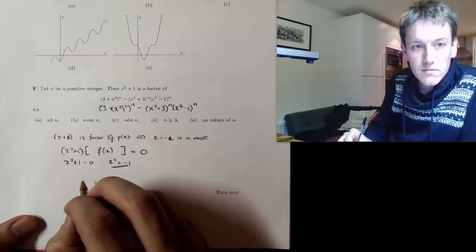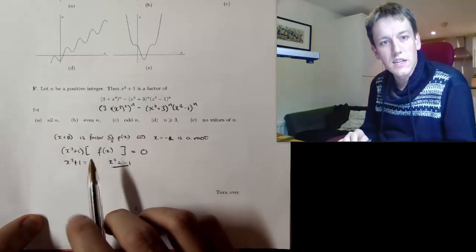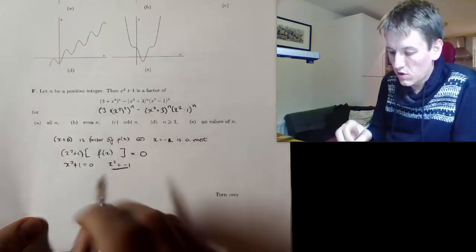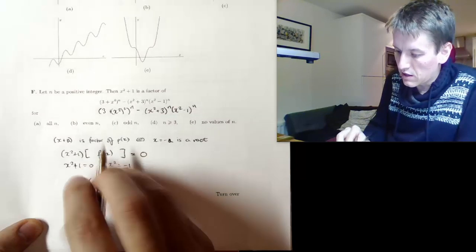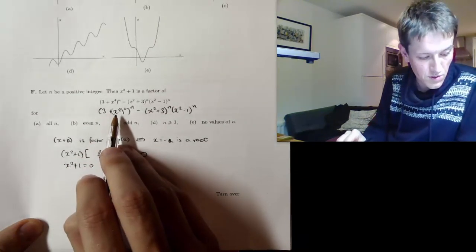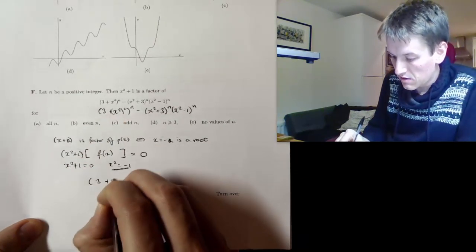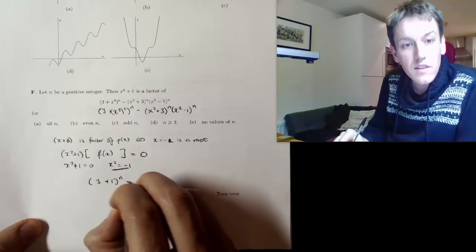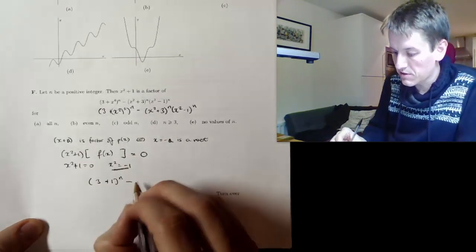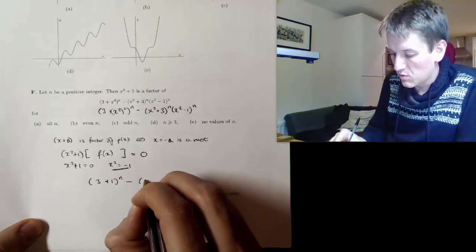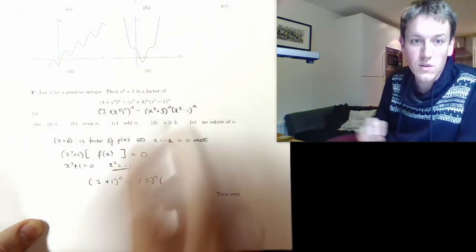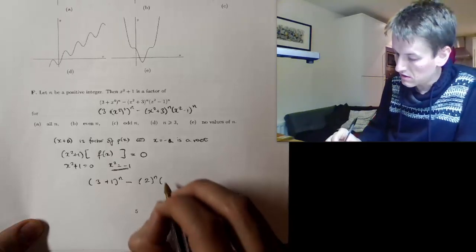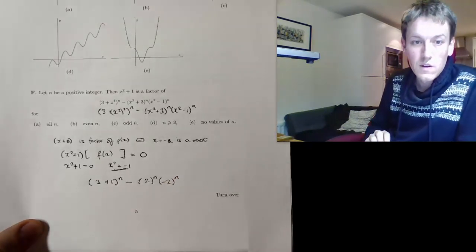Then substituting in x squared equals minus 1, this becomes 3 plus minus 1 squared to the n, so that's 3 plus 1 to the n, which is 4 to the n. Then minus, x squared plus 3 to the n is minus 1 plus 3, so that's 2 to the n, and x squared minus 1 is minus 2 to the n.